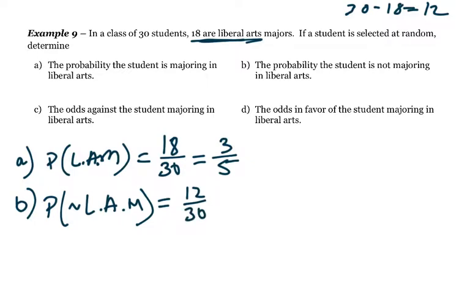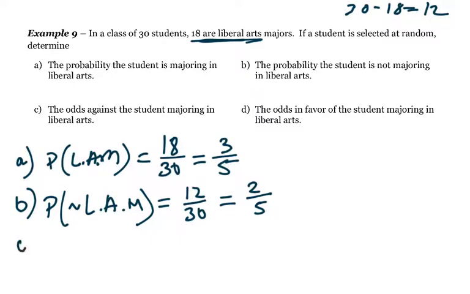You could also have done 1 minus 3/5 to get your answer, but we'll write it 12/30. When I simplify that down, divide both top and bottom by 6 again, that's the largest thing that can go into both of them, we end up getting 2/5. Now notice 3/5 plus 2/5 would equal 1, which is the entirety of the class, right? They're either liberal arts majors or they're not liberal arts majors.